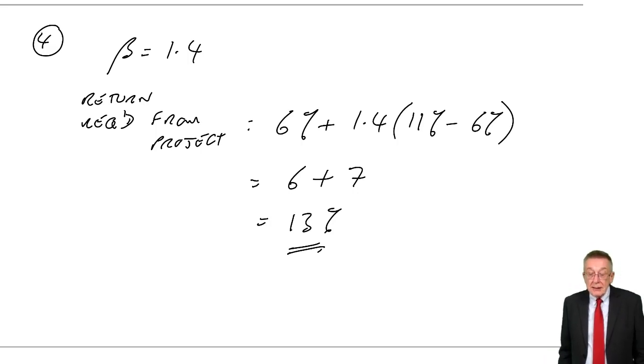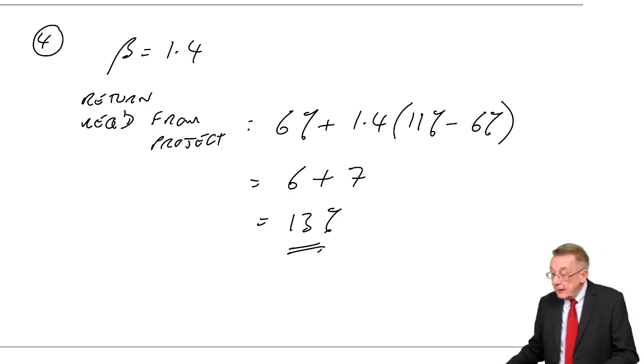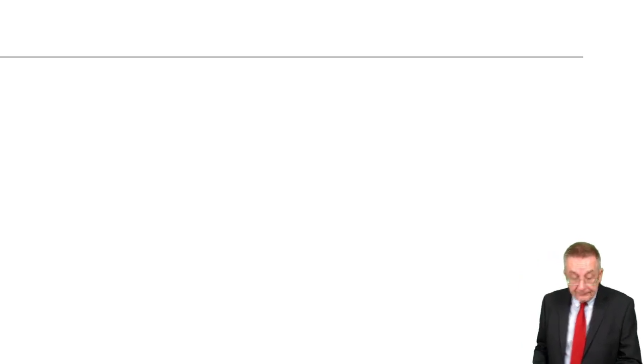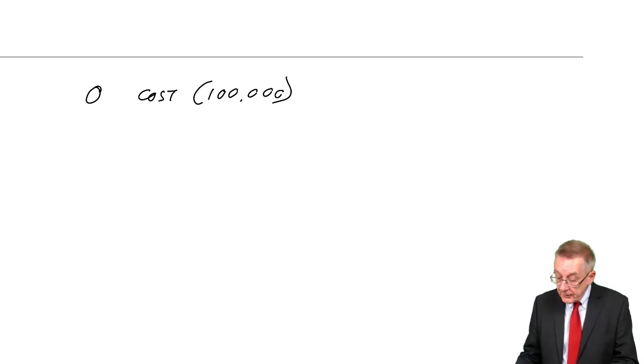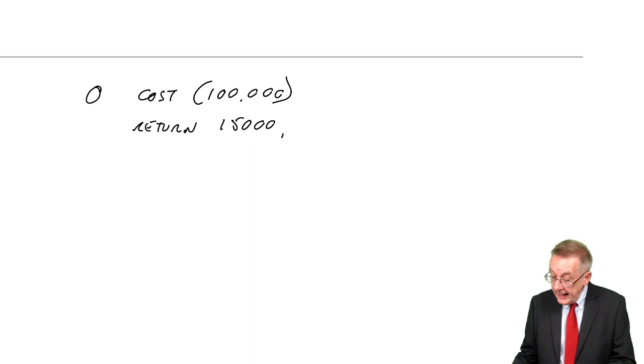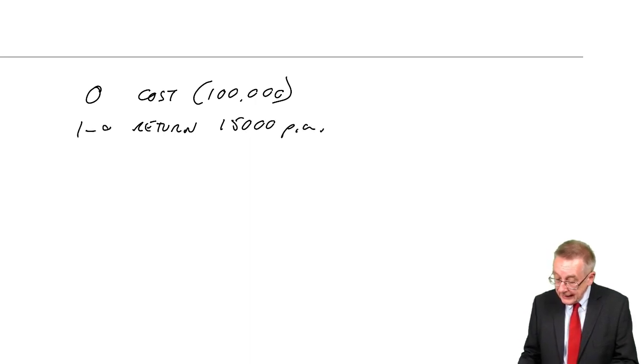And how can we check? As usual, we discount at the return we need, 13%. What are the flows? Very simple project here. It's an outflow now of 100,000. It's giving returns of 15,000 a year in perpetuity.